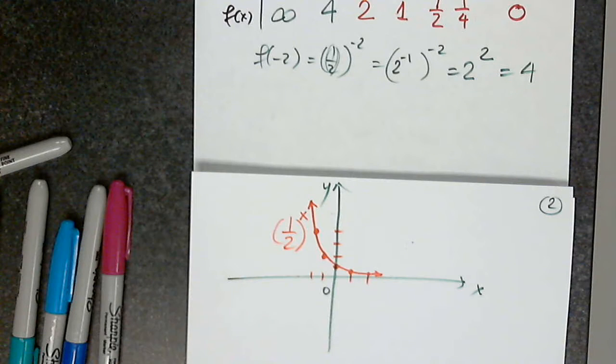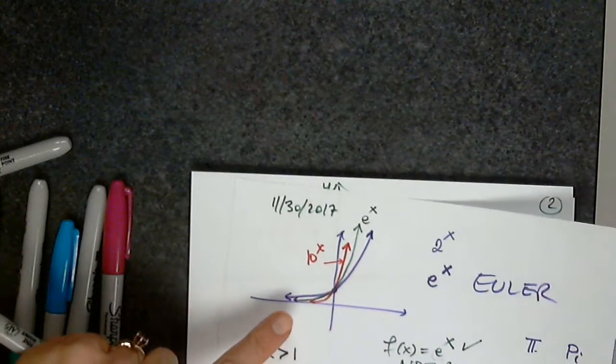What does that mean? Always decreasing. It's an always decreasing function. Yes. Smaller and smaller and smaller. This is the fastest increase possible.